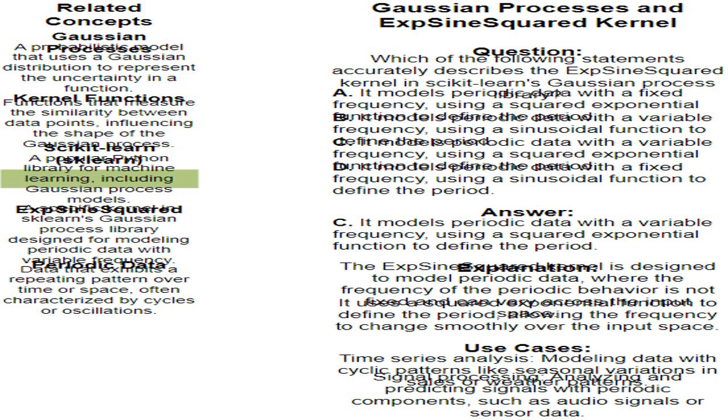This class provides various kernel functions, including the exp sin squared kernel, which you can use to capture periodic patterns in your data. A specific kernel in sklearn's Gaussian process library designed for modeling periodic data with variable frequency.